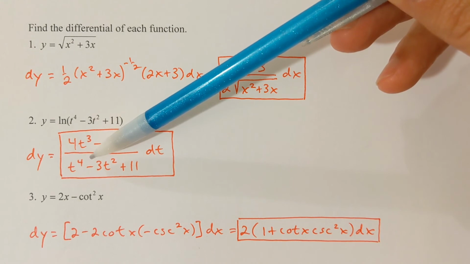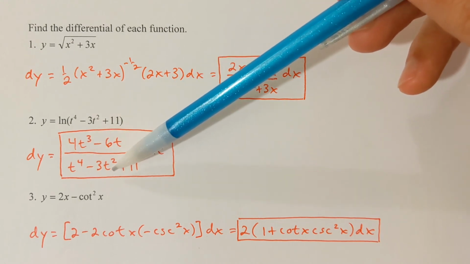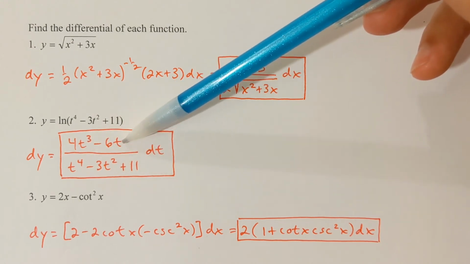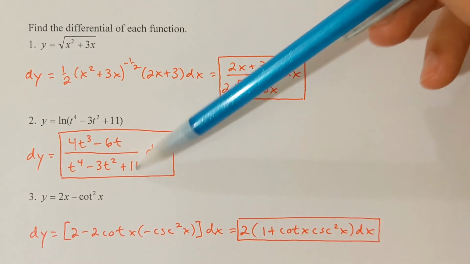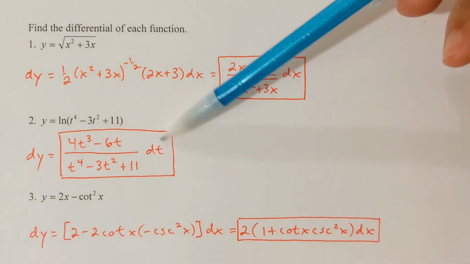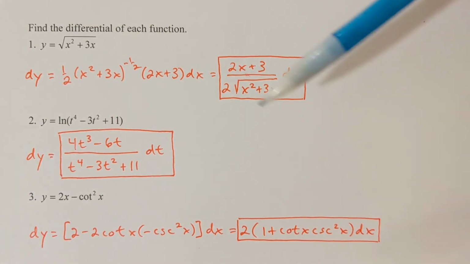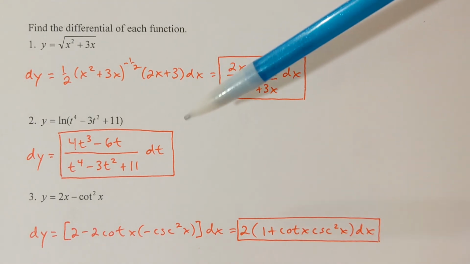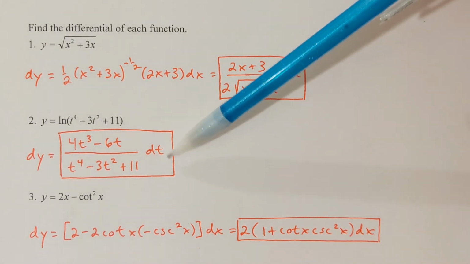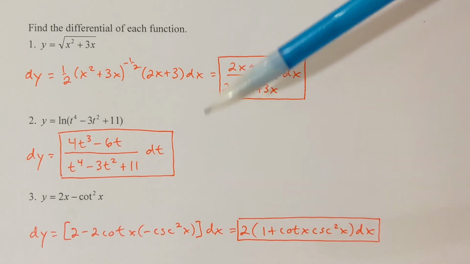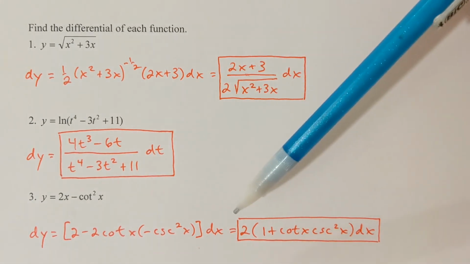The derivative of t to the 4th is 4t cubed, minus the derivative of 3t squared, that's 6t. The derivative of a constant is always 0, and then just make sure that you've got the dt on the end. The only new thing here, as far as the notation, is to make sure that you have a dx or dt or whatever on the other side.